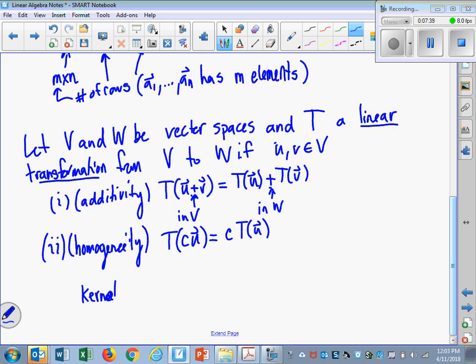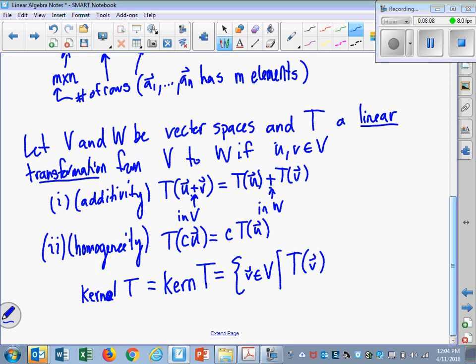So the kernel of T is the set of all vectors in V such that when T takes v, it maps it to the zero vector.